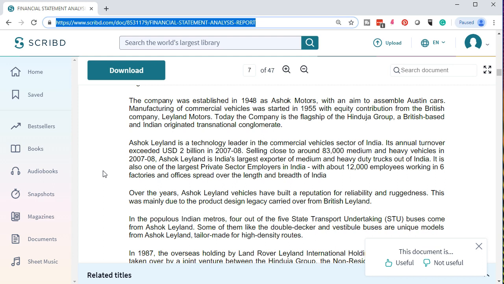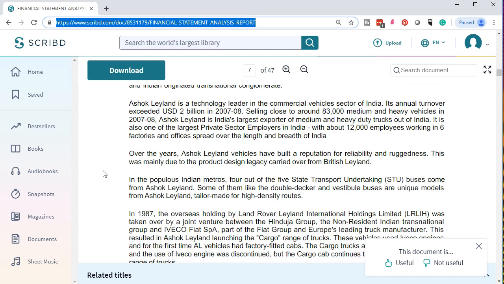Today, the company is the flagship of a British-based and Indian-originated transnational conglomerate. Ashok Leyland is a technology leader in the commercial vehicle sector of India. Its annual turnover exceeded USD 2 billion in 2007-2008, selling close to around 83,000 medium and heavy vehicles in 2007-2008.